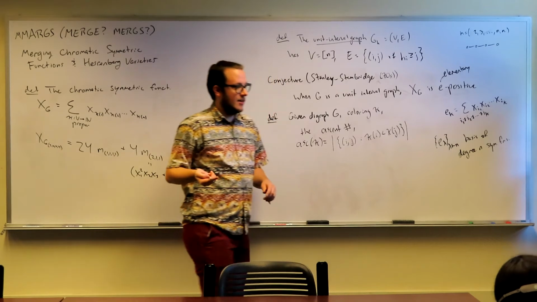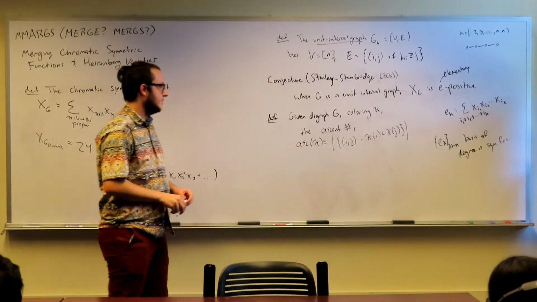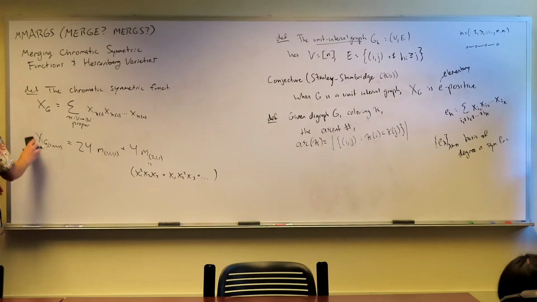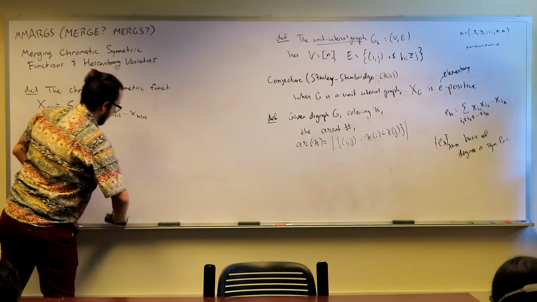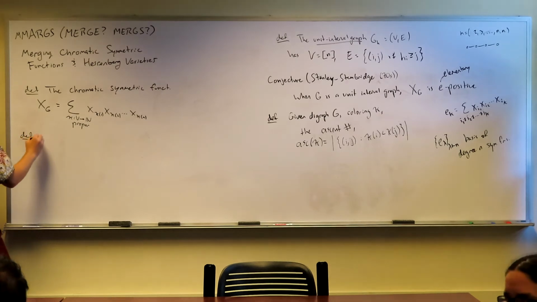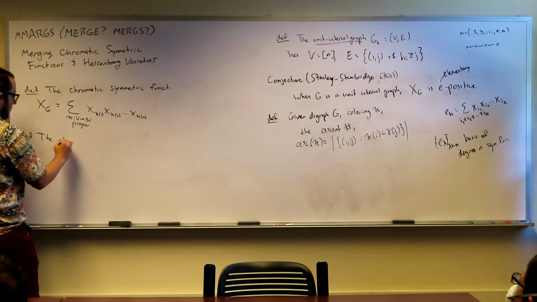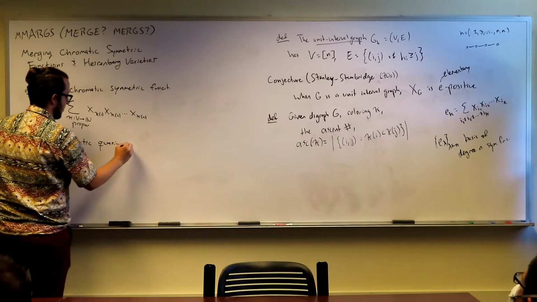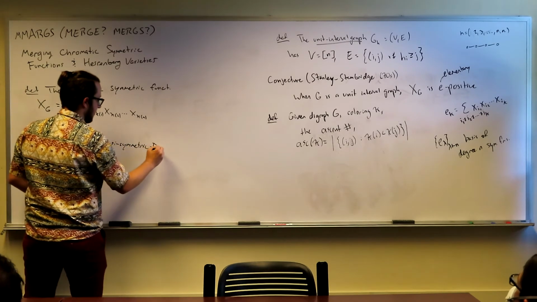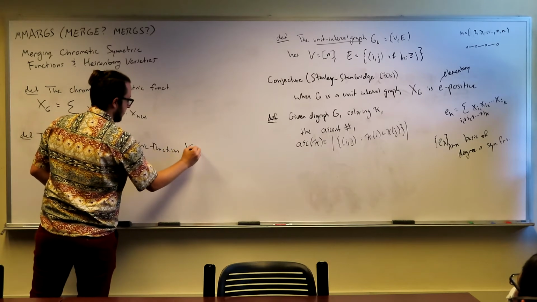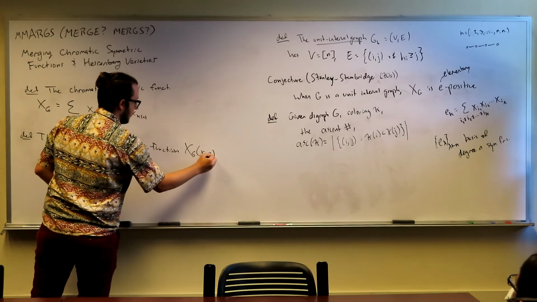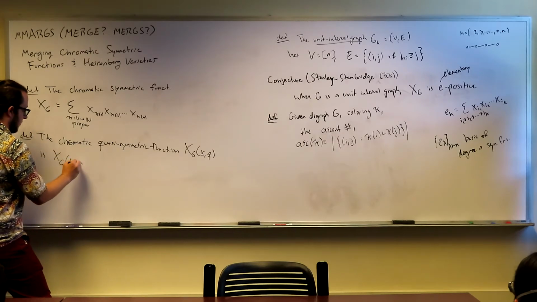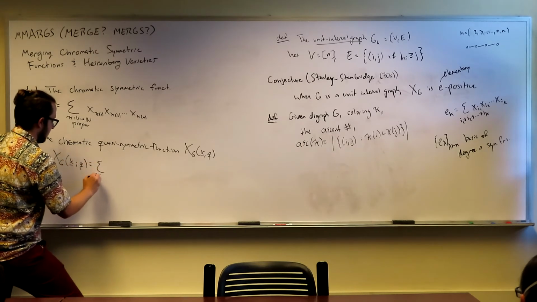So this is some statistic on colorings, proper colorings of a directed graph, which means we can make a q-analog of a symmetric function. So the chromatic quasisymmetric function X_G of x's and q is, again, the sum over proper colorings.